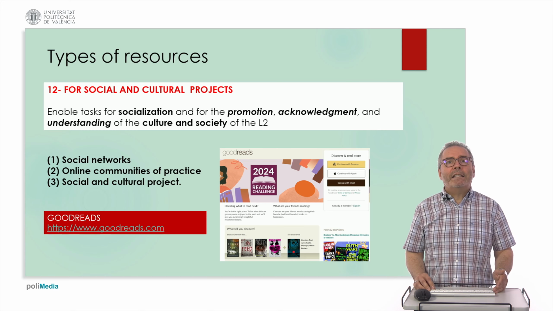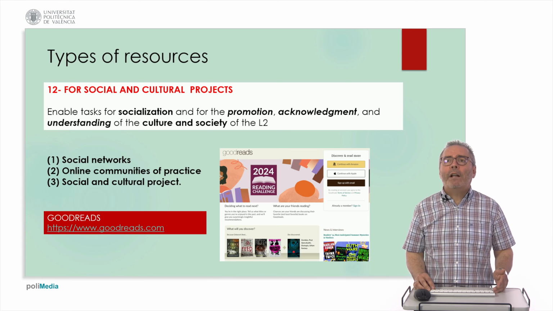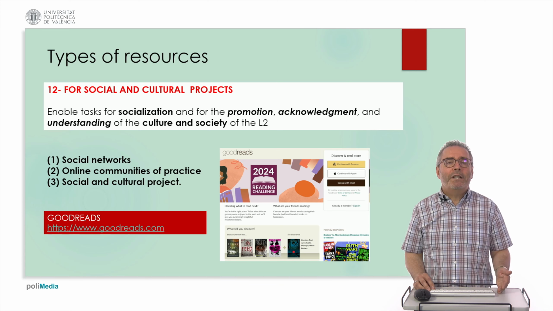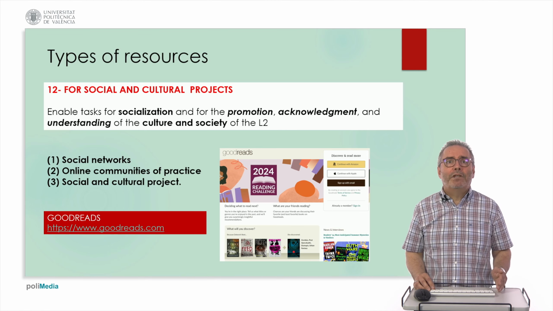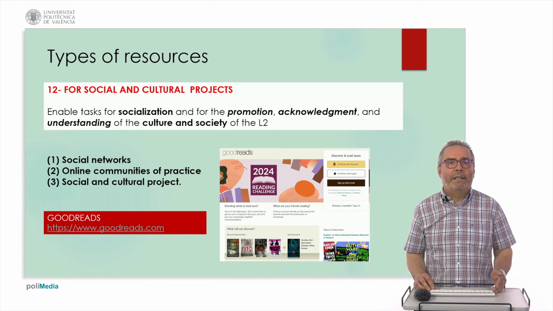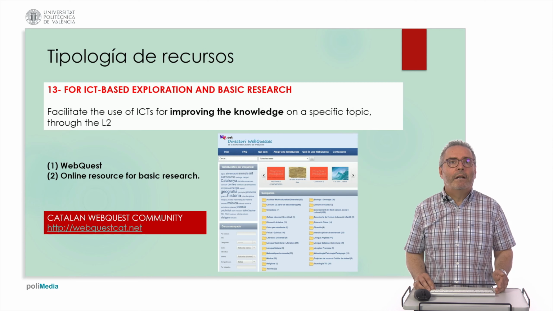The next one is resources for social and cultural projects. They enable tasks for socializing and for the promotion, acknowledgement and understanding of the second language culture or society. Social networks would be within this type. For example, Goodreads.